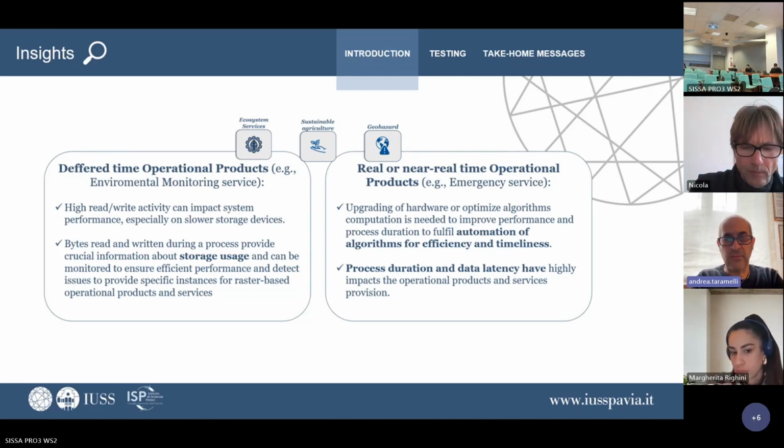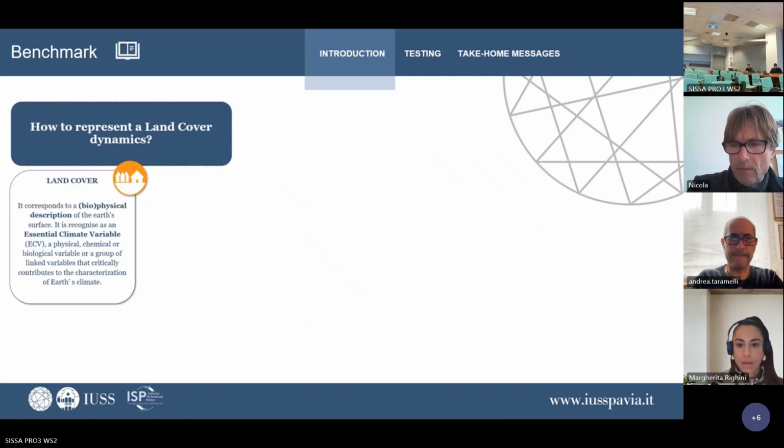So you have to set up an HPC infrastructure that is able to handle the two types of products: the deferred time operational products, and a system that allows you to have real and near real-time operational products. Next, and I will leave the floor to Margherita.